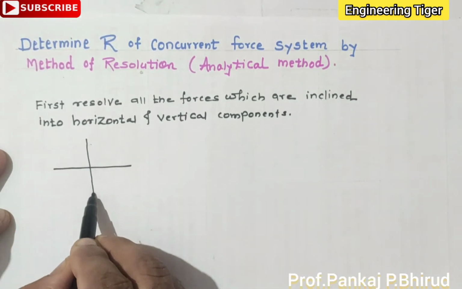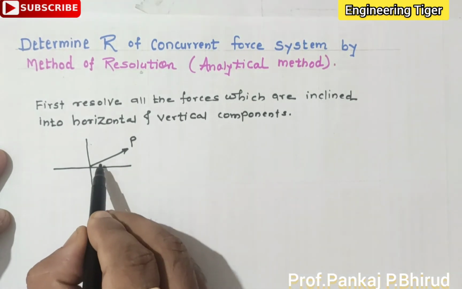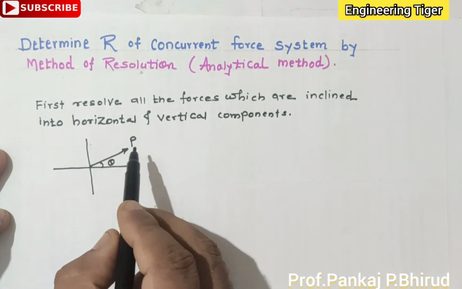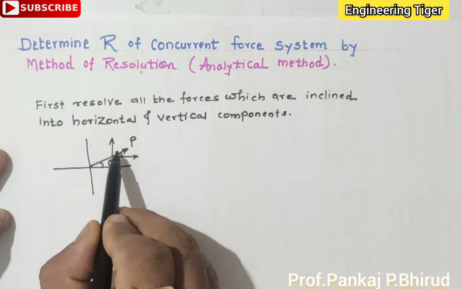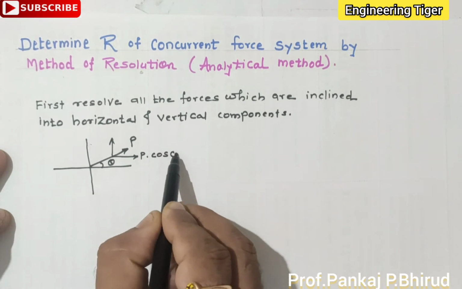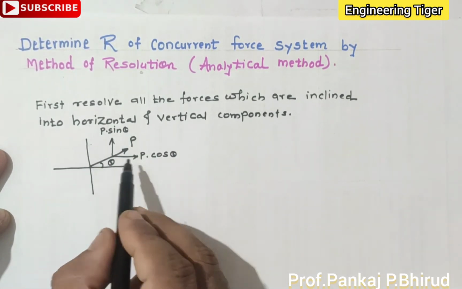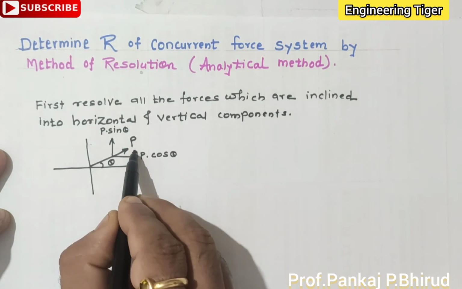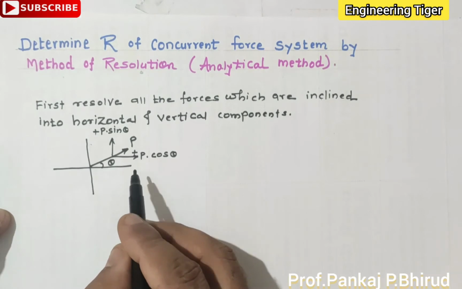Suppose this force P is inclined with the x-axis at theta, then resolve force P into its horizontal and vertical components. So it is P cos theta and P sin theta. As it is placed in the first quadrant, the x component will be positive and the y component will also be positive.